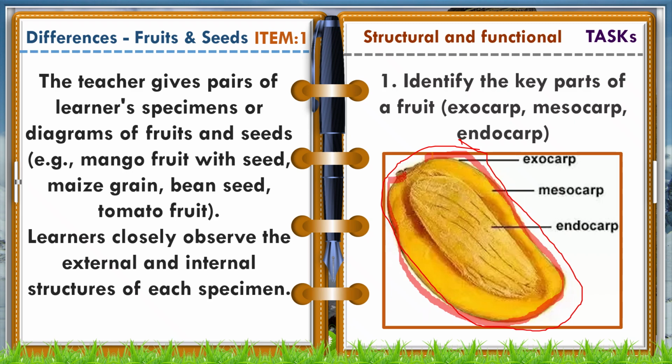Then we have this hard layer, which is covering the seed. That cover is what we call the endocarp. And we have this juicy part here that we are seeing of a mango, which is colored yellow. That juicy part is what we refer to as the mesocarp. So those are the parts of the fruit.